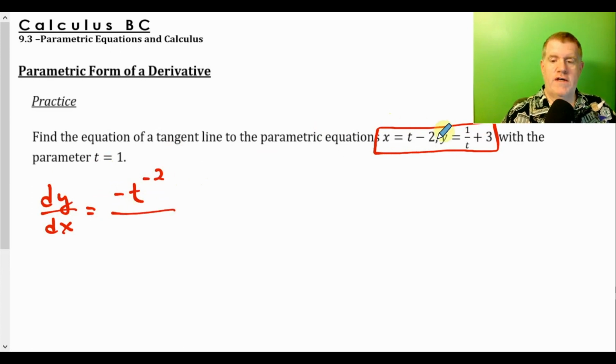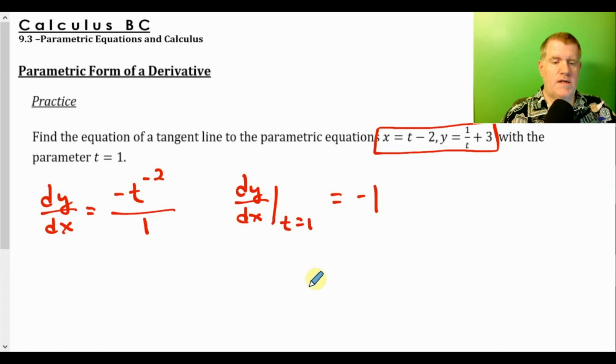And the derivative of x, in this case, that's just 1. Well, that's nice and easy, because we're going to evaluate this at t equals 1, so our derivative would be negative 1. Or should I say our slope is negative 1.